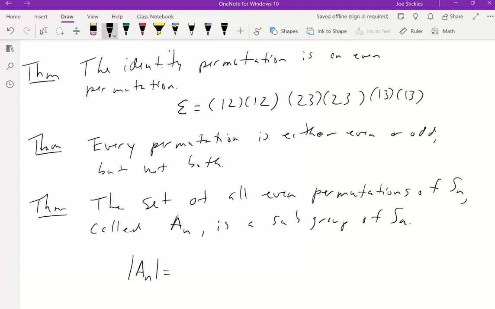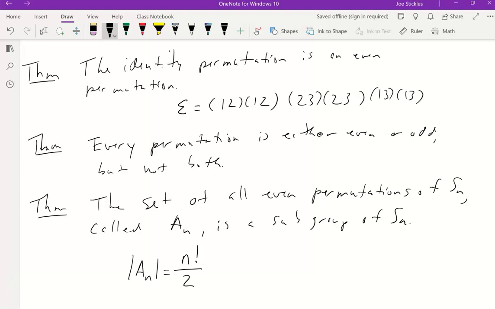Turns out, and this kind of makes sense if you think about it, half of your permutations are even and half are odd. And the idea that if you combine an even and even, you get an even, gets you that the set of even permutations is going to be a subgroup.